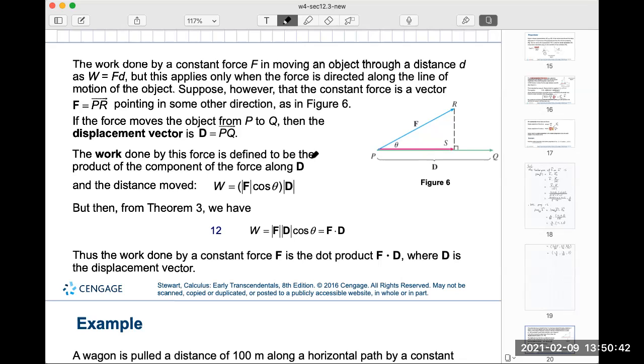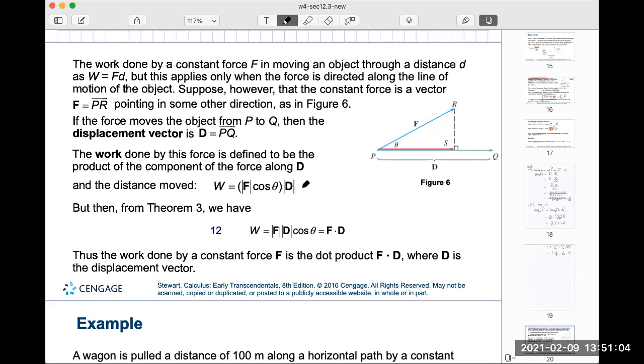Which is the magnitude of F times cosine theta here, okay? Times the distance from P to Q, which is the magnitude of D, if D is the vector PQ here, the displacement vector.